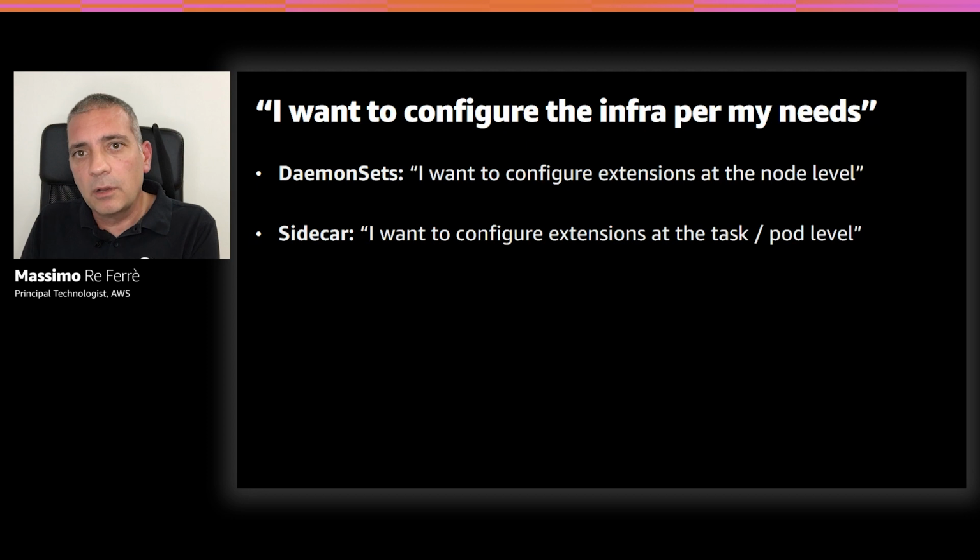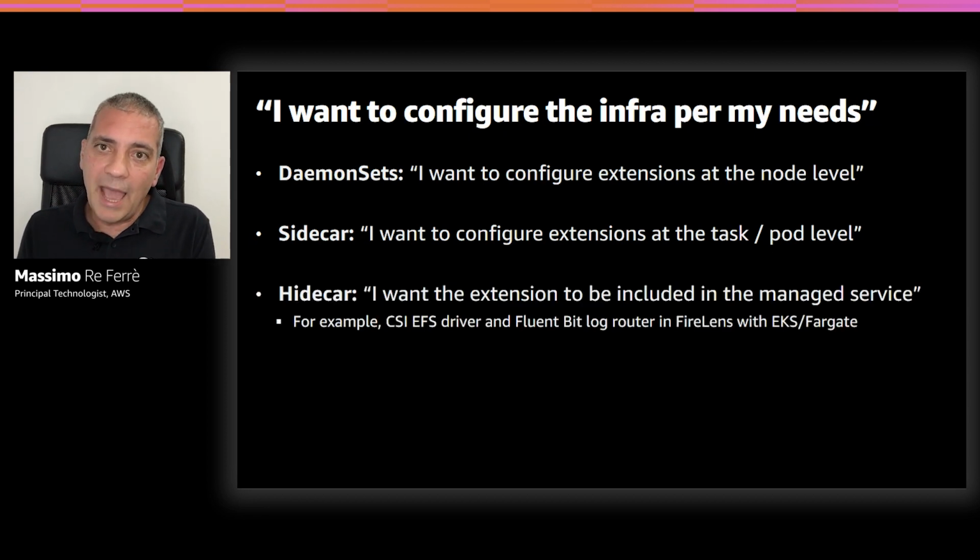With the sidecar pattern, what you can do is put inside that pod or task, because it works for both an EKS pod or an ECS task, an infrastructure container called a sidecar that will do that on a pod or task basis. There is one last pattern that we will briefly touch upon, which is called the hidecar.